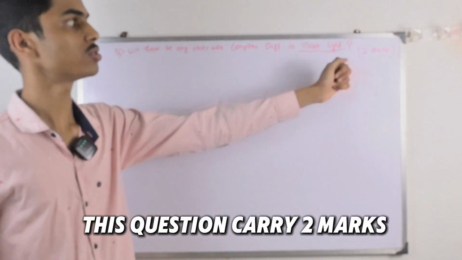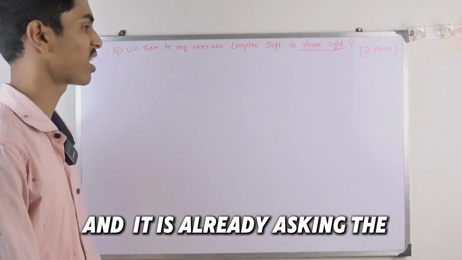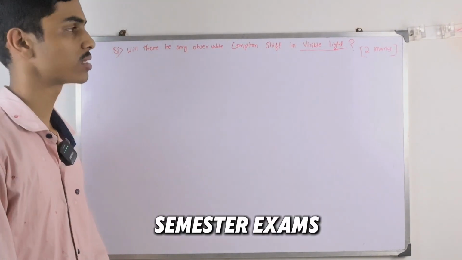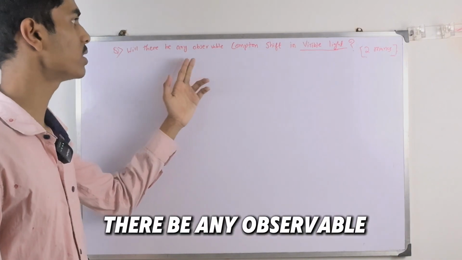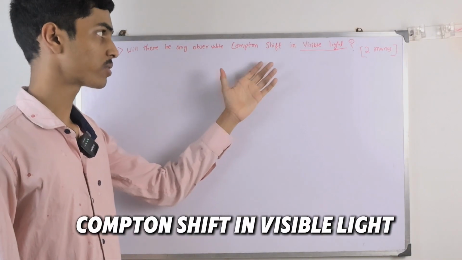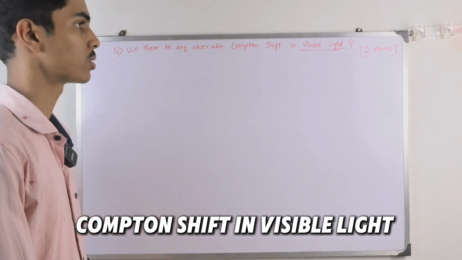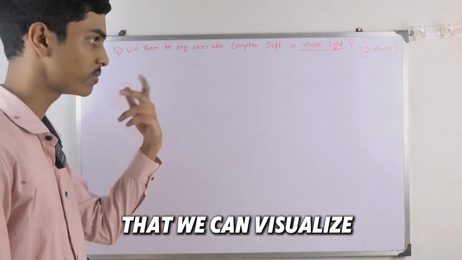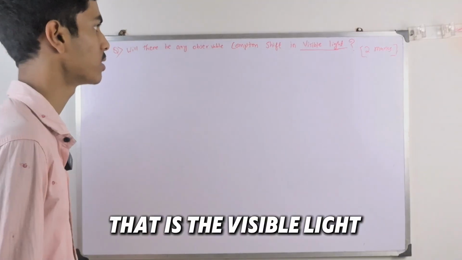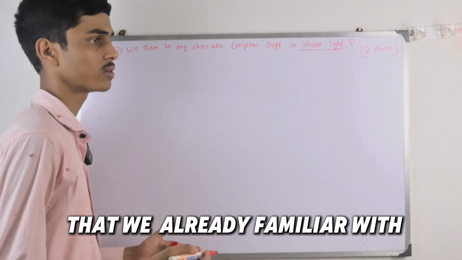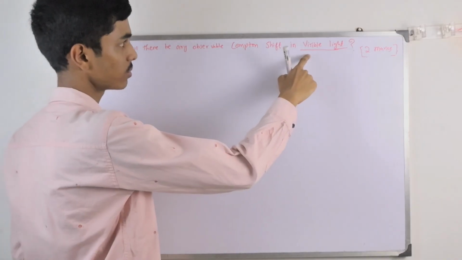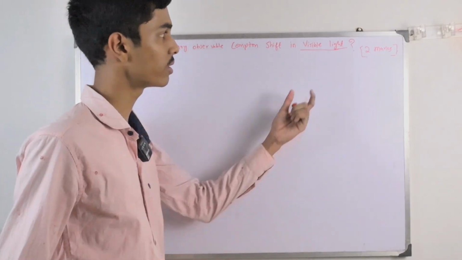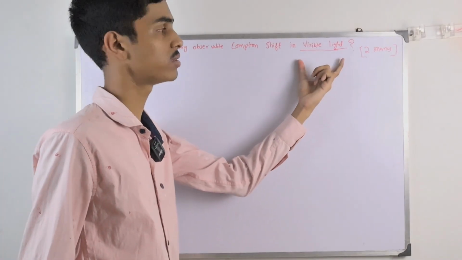This question carries 2 marks and it was already asked in the Maccau semester exams. The question is: will there be any observable Compton shift in visible light? Visible light is what we can see, the light we are familiar with in our day-to-day life. What is the wavelength range for this visible light?